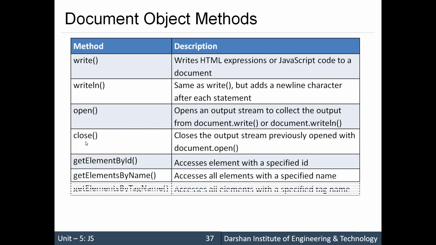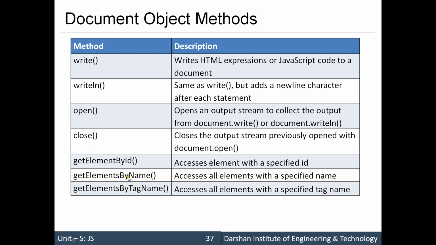And the most important three methods: document.getElementById, document.getElements, make sure it is getElements when we use it with name, and tag, document.getElementsByTagName. Because id is unique, there won't be many elements, only one element will be there, so getElement only.